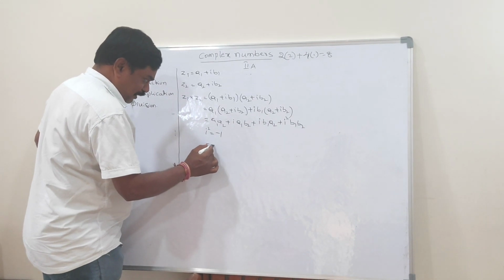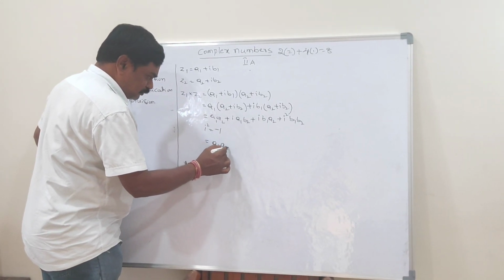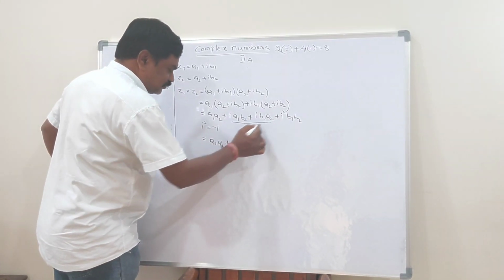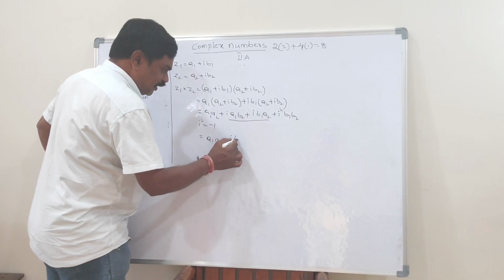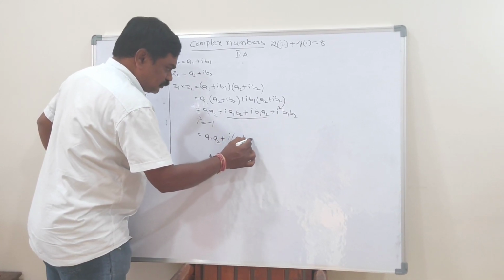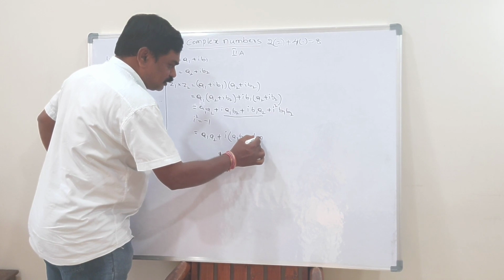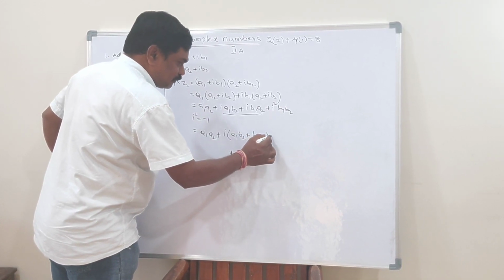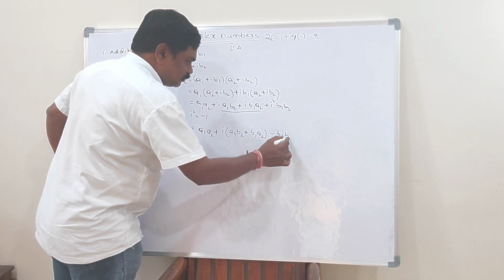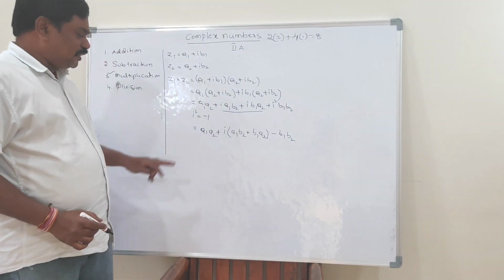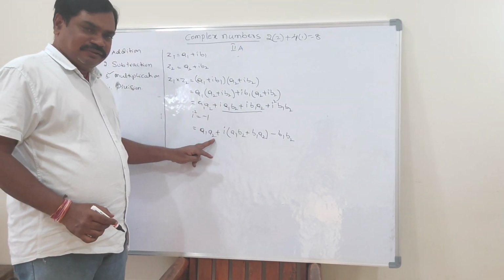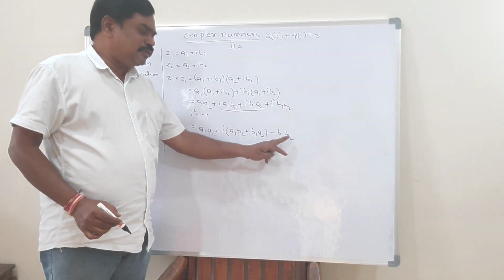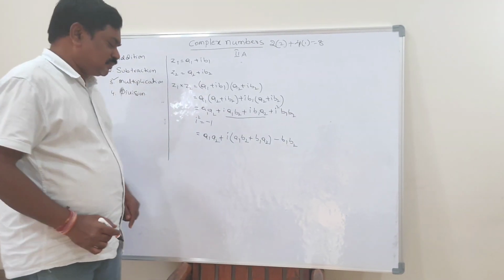So we can write a1 a2, plus, from these two you take common i, (a1 b2 plus b1 a2), plus minus b1 b2. You observe here a1 a2 is the real number, minus b1 b2 is the real number.